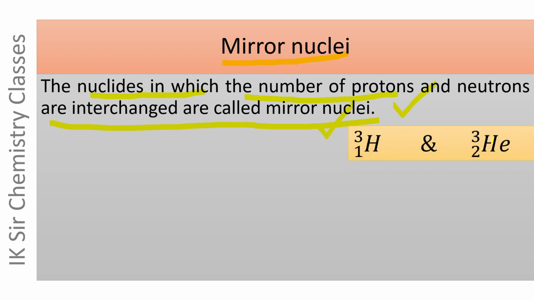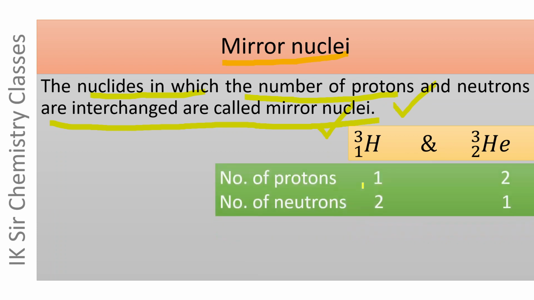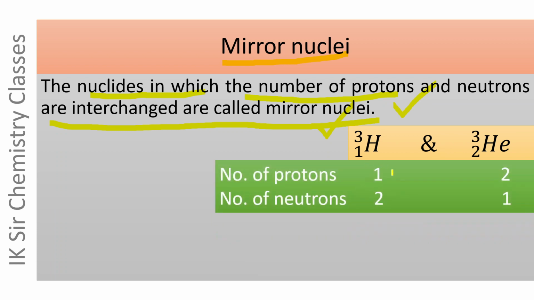H3 and He3. H3 contains one proton and two neutrons, 3 minus 1. And He3 contains two protons and one neutron, 3 minus 2. The number of protons and neutrons are 1 and 2.